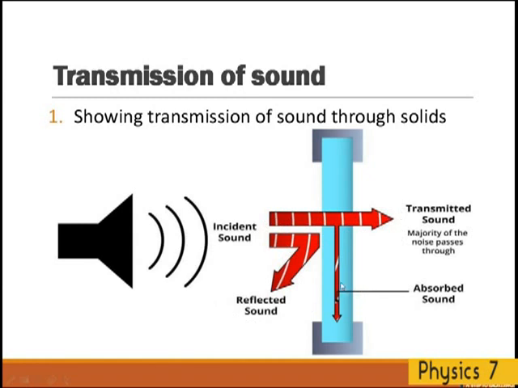And in addition, you'll also get some sound that is absorbed. So this diagram really is a good diagram to show you what happens when sound waves are incident onto a wall. Some of the sound waves will be transmitted sound, some will be reflected sound, and some will be absorbed by the solid wall.